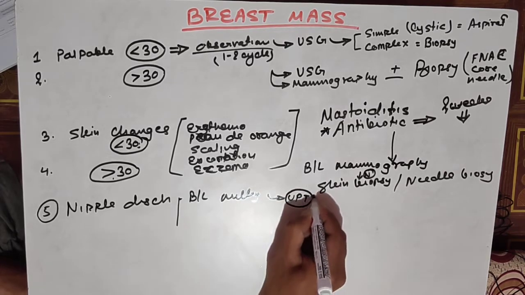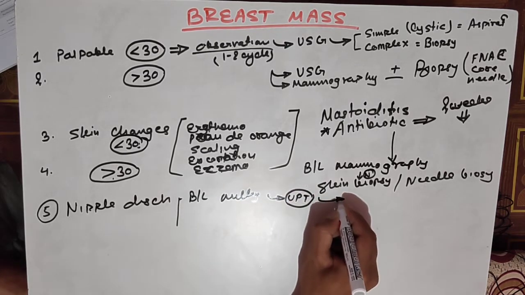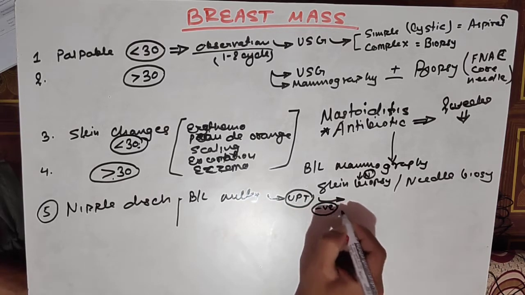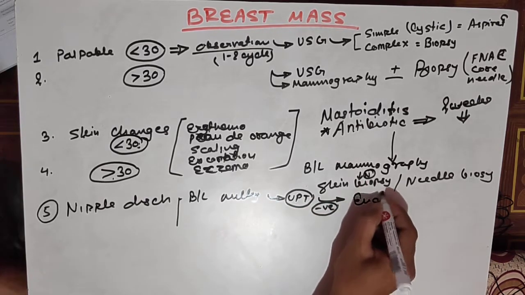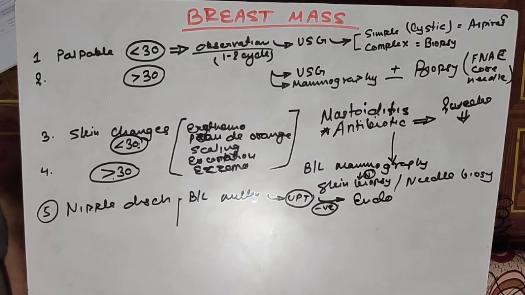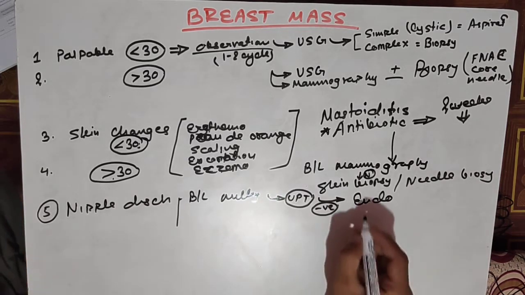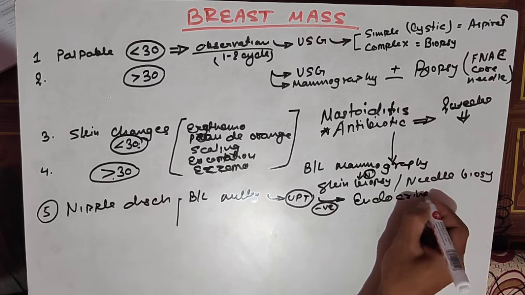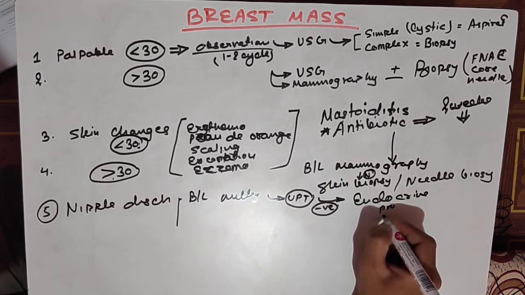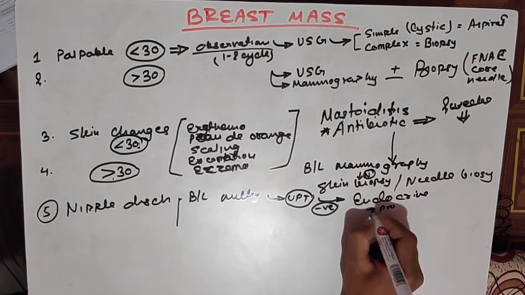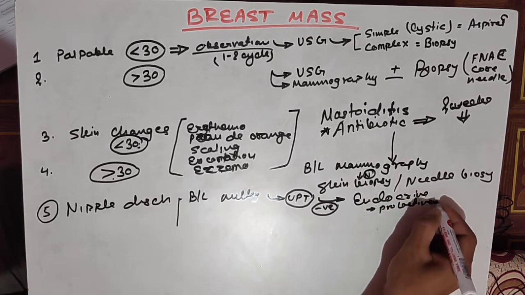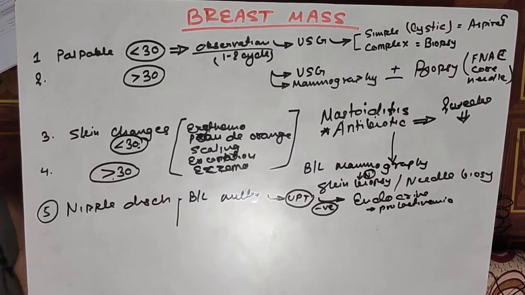If it is negative, then go for endocrine investigation. Look for endocrine LH, FSH. If there is any hormonal imbalance, prolactinemia can be there. Very common cause is hyperprolactinemia in case of microadenoma in the pituitary gland.